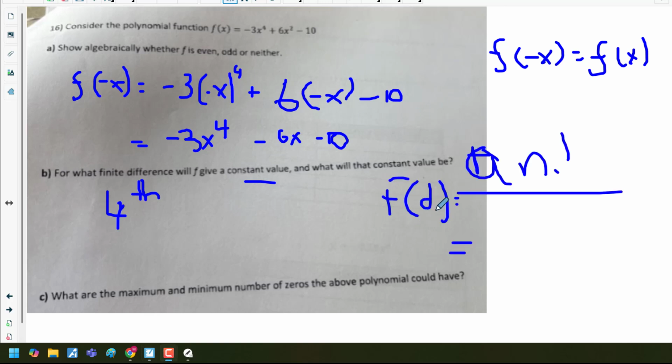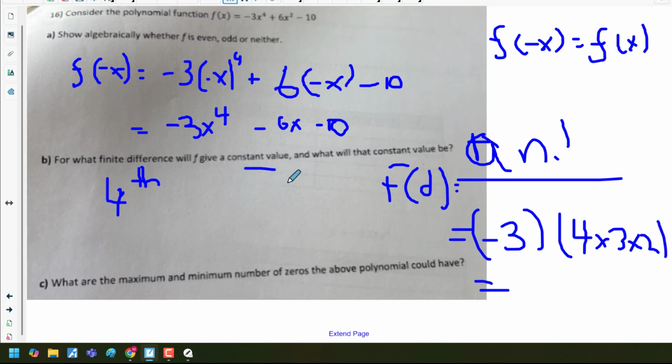So the formula is FD equals a times n factorial, and a being your leading coefficient. So that's negative 3. n being 4 for that fourth difference. And 4 factorial just means 4 times 3 times 2 times 1. So then the constant value is just this.